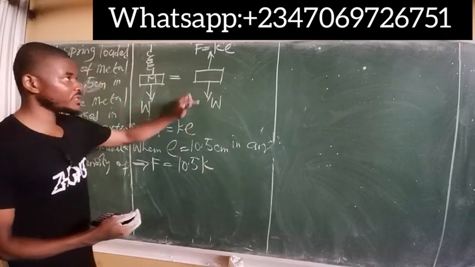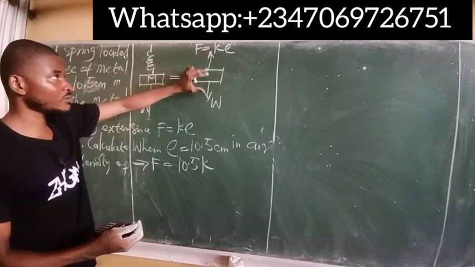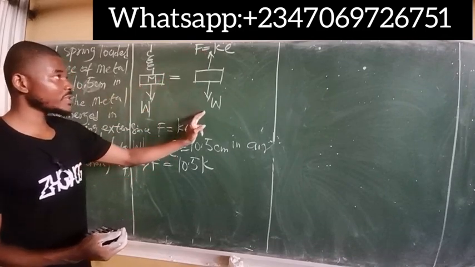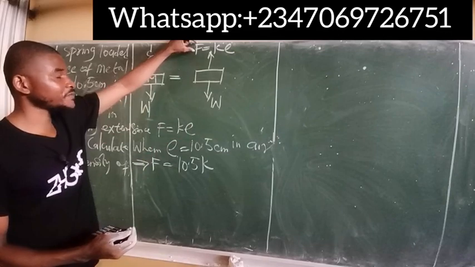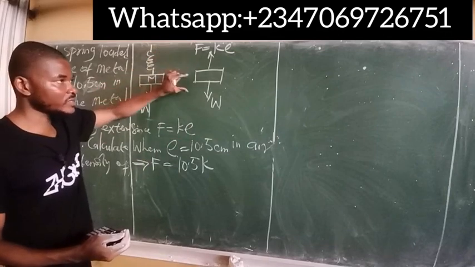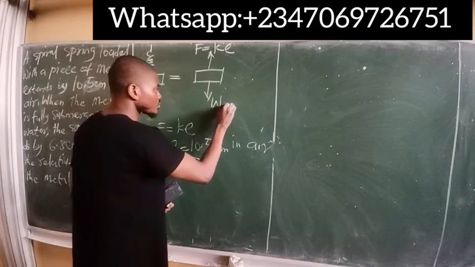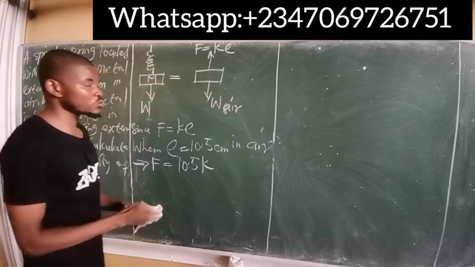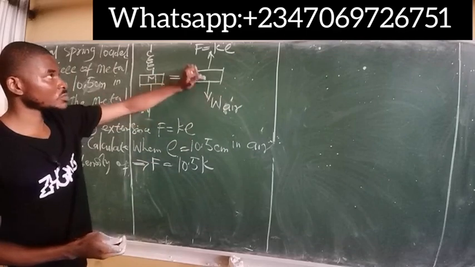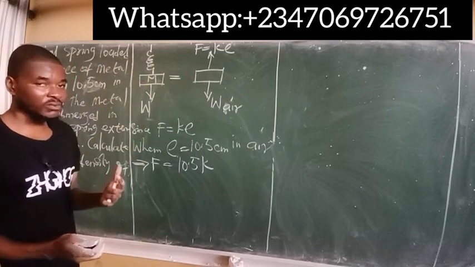Now, for this system to be in equilibrium, it means the weight must be equal to the spring force. For the system to be in equilibrium, this is weight in air. So this is in air, atmospheric condition. The weight in air must be equal to the spring force if the system must be in equilibrium.